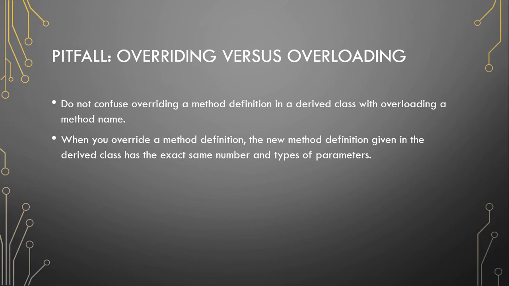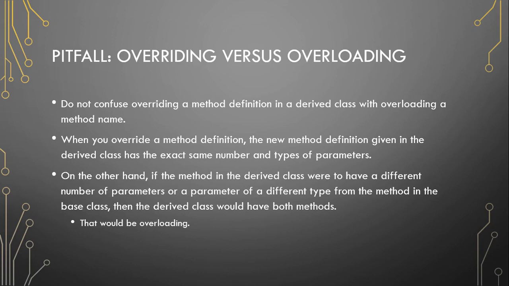When you override a method definition, the new method definition given in the derived class has the exact same number and types of parameters. Right? Compare that to if the method in the derived class had a different number of parameters or a parameter of a different type from the method in the base class, then your derived class would have both methods, overriding and overloading.